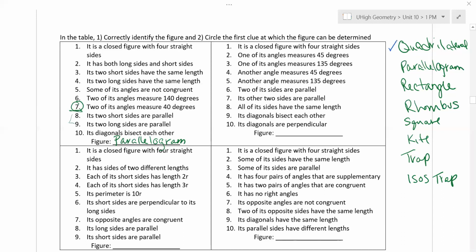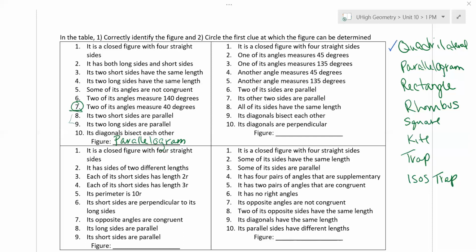Number 4, another angle measures 45 degrees. And number 5 says another angle measures 135 degrees. So really, number 2 through number 5 tell me that there are 2 angles that measure 45 degrees, and there are 2 angles that measure 135 degrees.